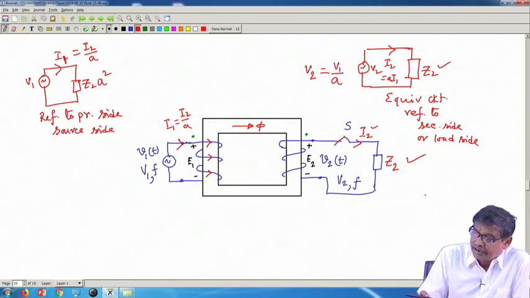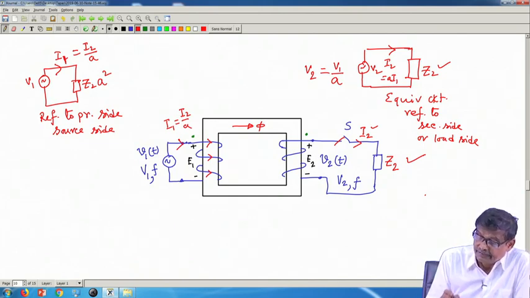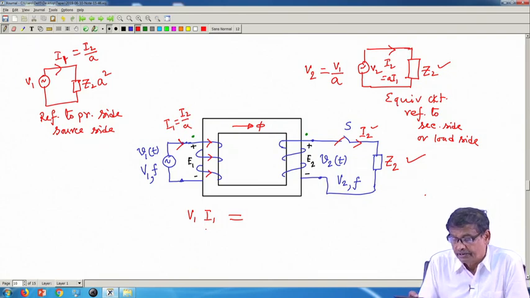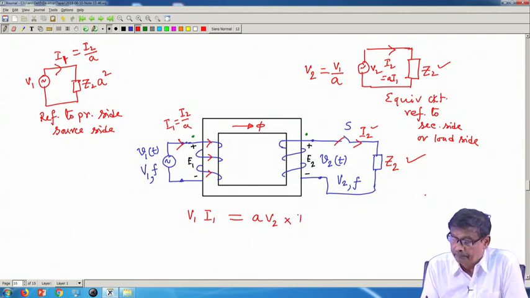Now, another important thing I will derive from these two: suppose you multiply V1 into I1 and express V1 and I1 in terms of V2 and I2, what does this product become? V1 is equal to A V2, and I1 is equal to I2 by A, so the product is equal to V2 into I2.